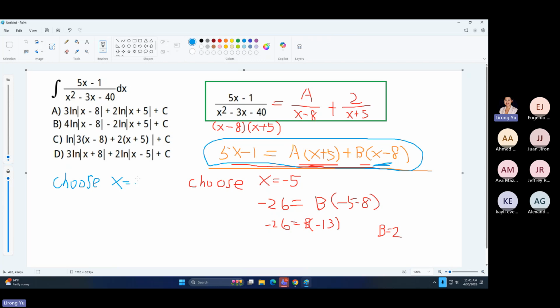If x equals 8, then the left side is 5 times 8 minus 1, you get 39. On the right side, x minus 8 is 0, so B times 0 is 0. And on this side is 8 plus 5, and we have 13. A times 13 is 13A. With this, we can see that A equals 3.